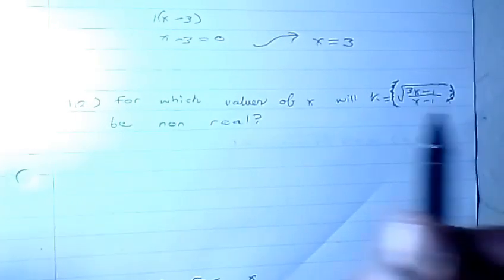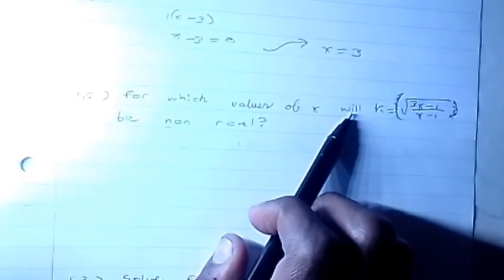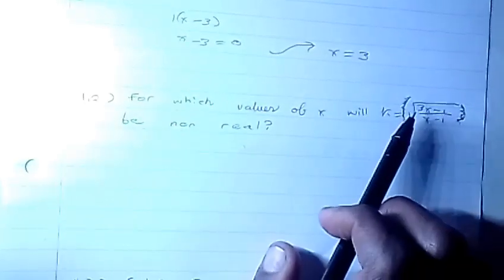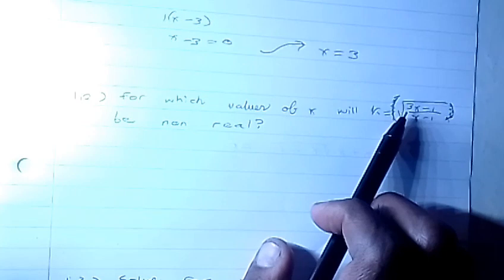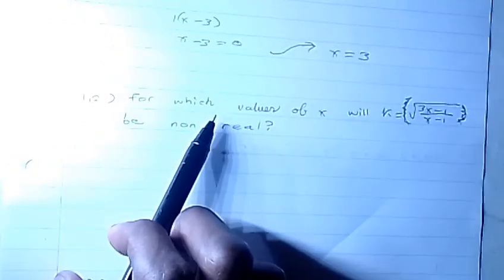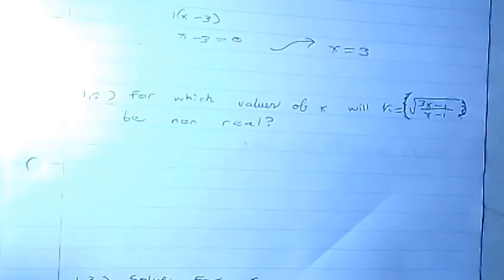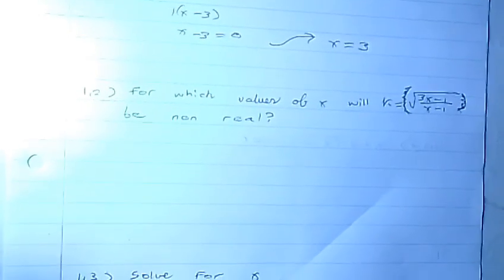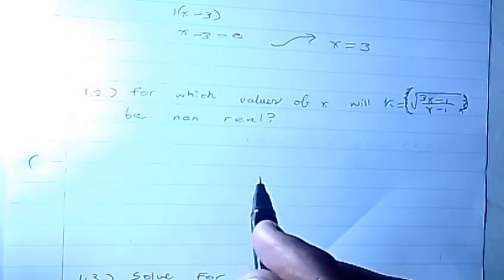On to our next question. It says, for which values of x will k, which is square root of 3x minus 1 over x minus 1, be non-real? They want the x value that will give us a non-real number. So from here we will first get rid of the square root.